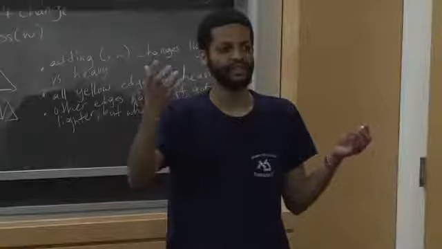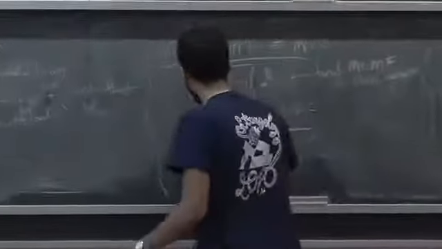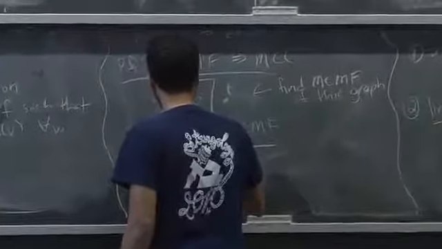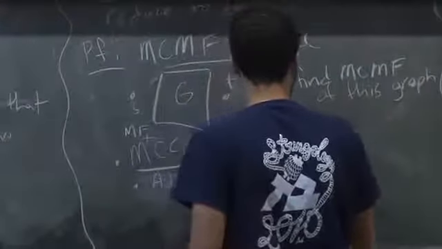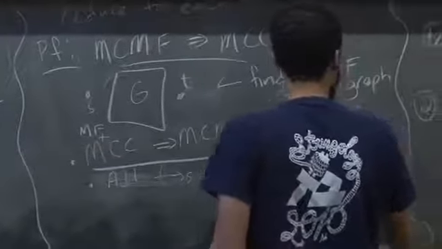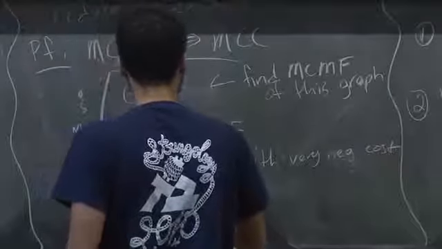And when you do that, add that back to the original flow you found. So one thing you could do is add a T to S edge with very negative cost and infinite capacity.